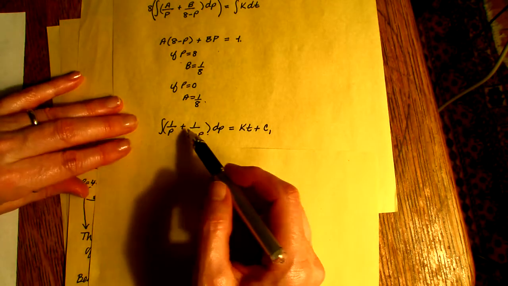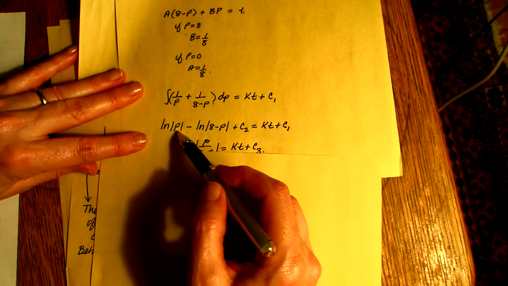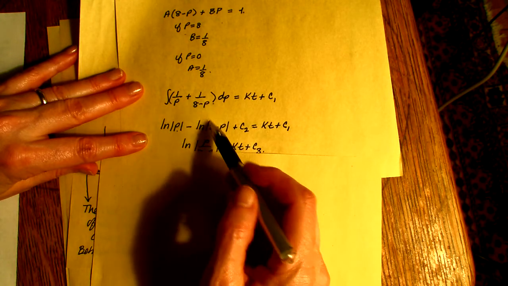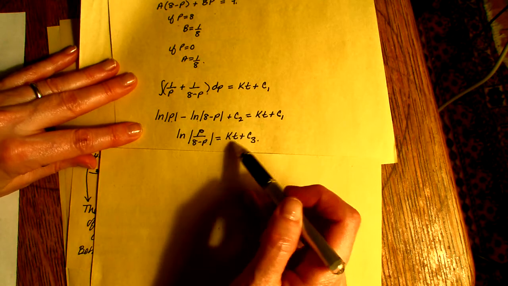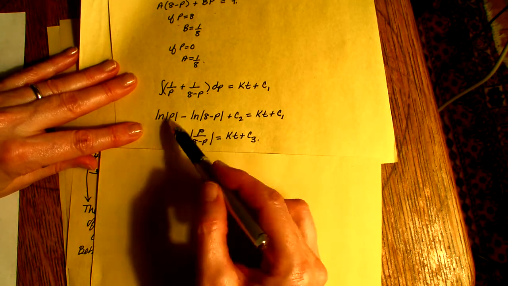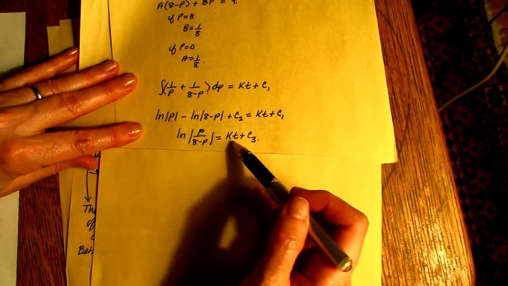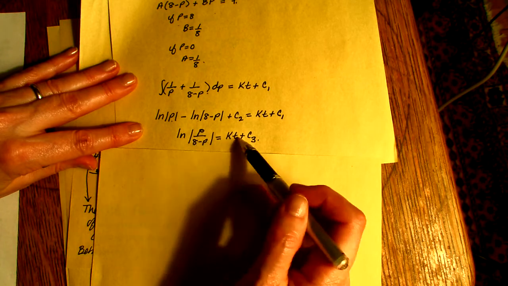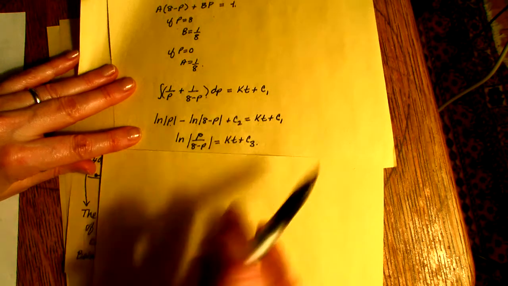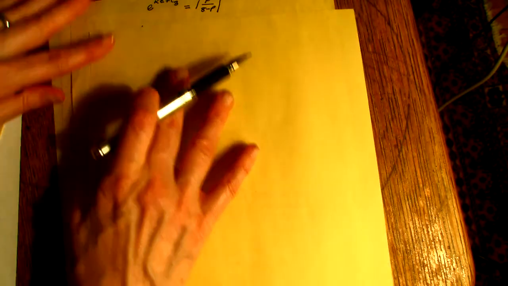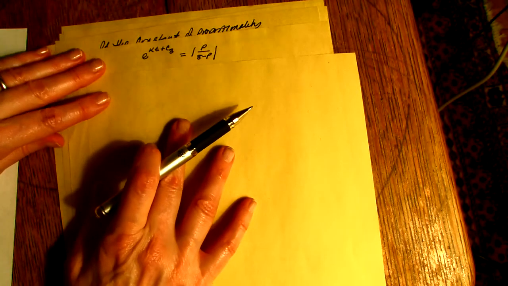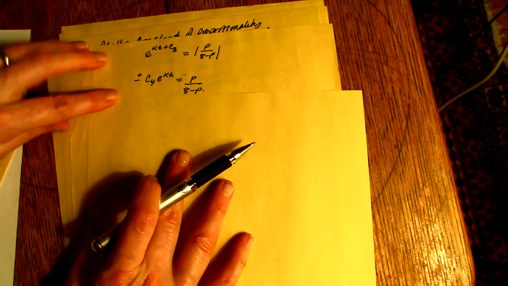So natural log of absolute value of P minus natural log of absolute value of 8 minus P, plus a constant on both sides. And then you're going to use log properties here to write this as a single log expression, and then you're going to turn it into an exponential equation. So here's what the exponential looks like. Get rid of the absolute value.